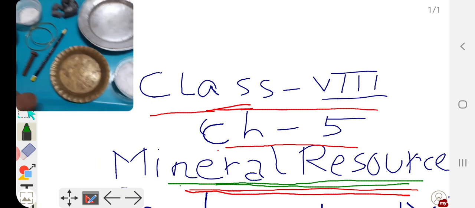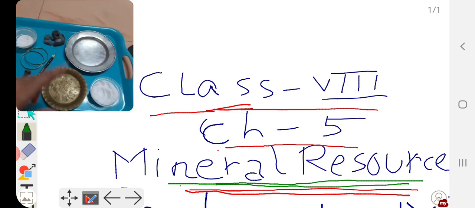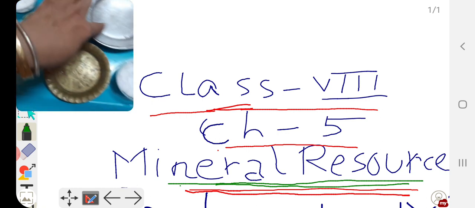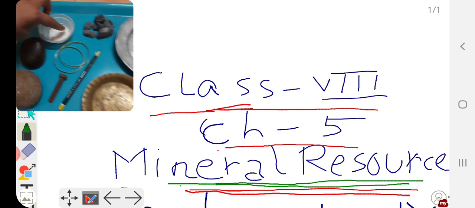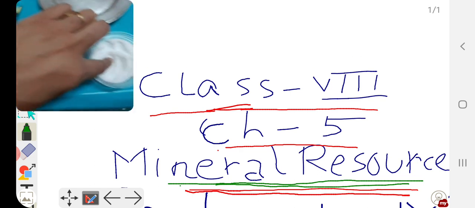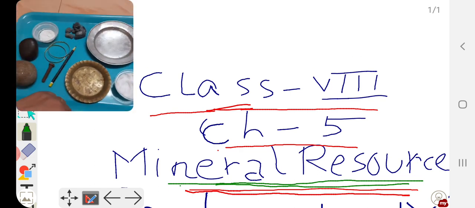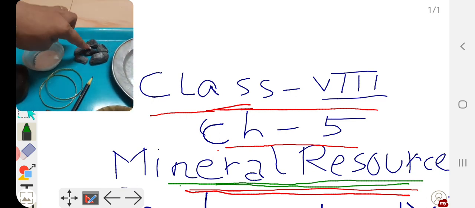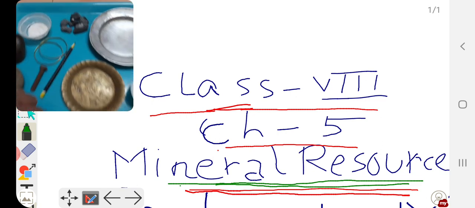Now what does this indicate? That minerals are of two types. Metallic minerals, 1, 2, 3, 4, these are metallic minerals, and 1, 2, 3, these are non-metallic minerals. And this one comes under the category of energy resource or power resource.